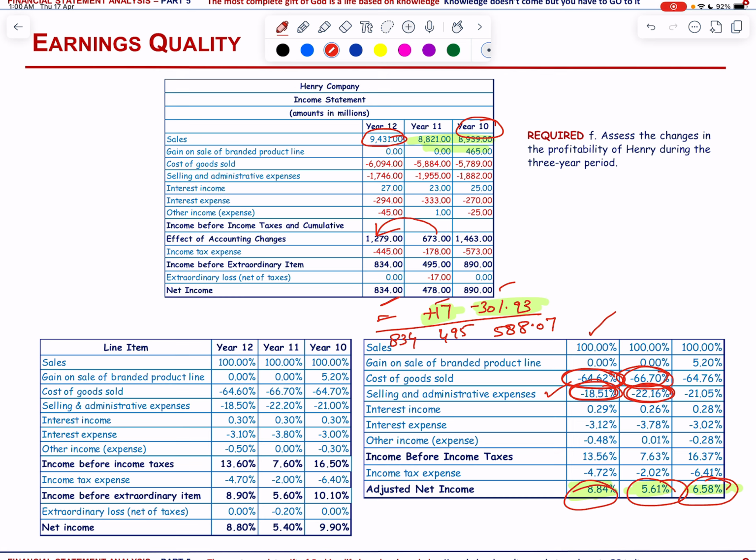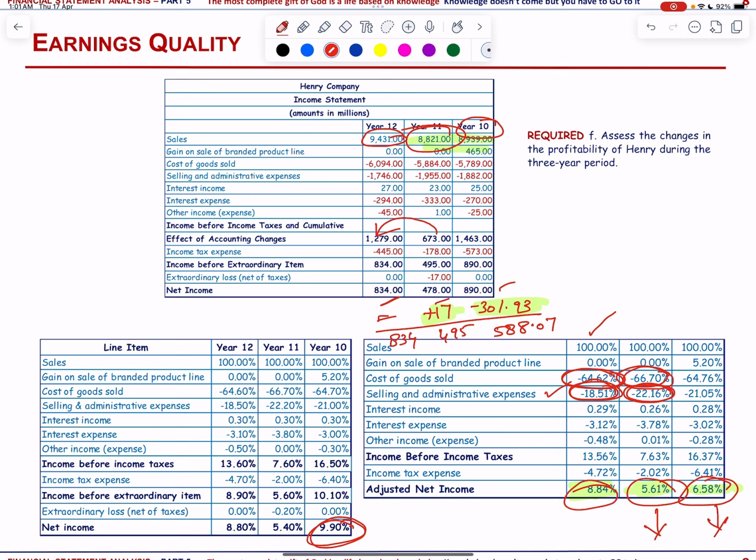So to conclude, there was a strong headline performance, but it was boosted by a one-time gain, and true operational profit was more modest. It was just 6.58. In the year 11, that was the weakest year, it was impacted by the foreign expropriation, high administrative cost, and stagnant sales, as you can see over here.